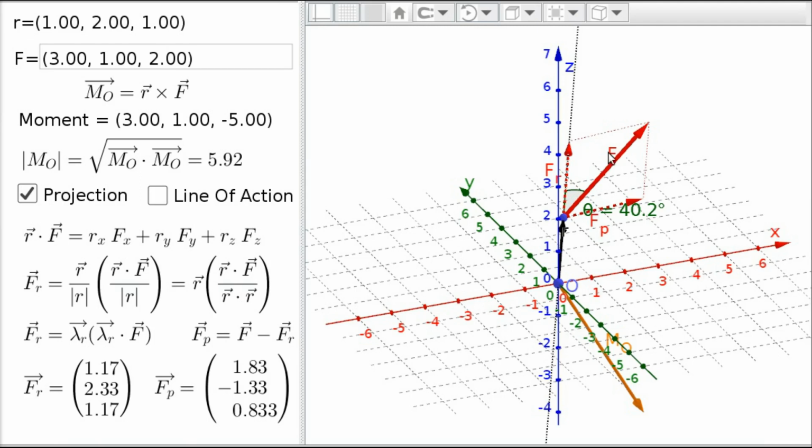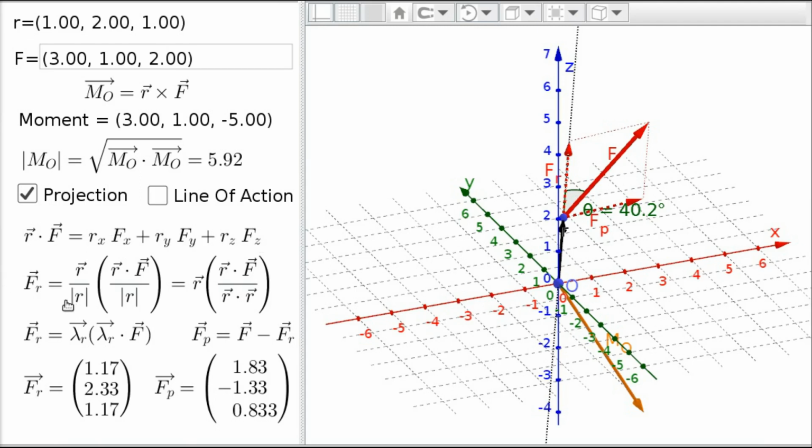This is fairly useful. To do that, again, we use the dot product. So we have r dot F, and that's calculated by taking each direction component, rx Fx plus ry Fy plus rz Fz, and multiplying them together.